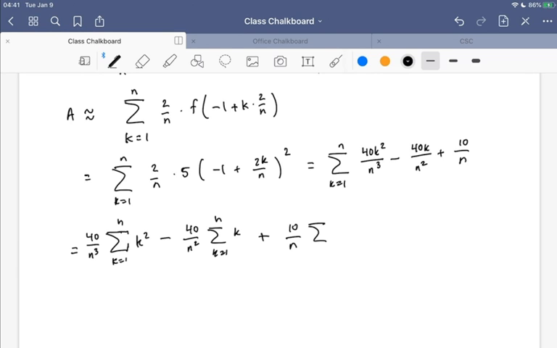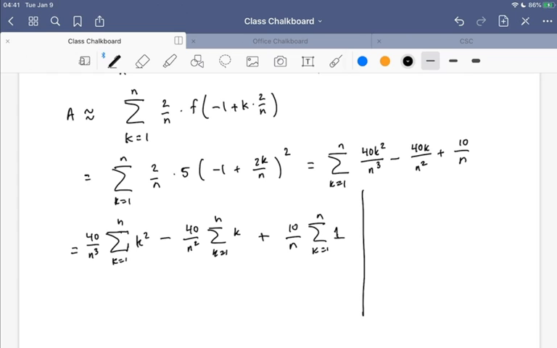So that just leaves this. Okay, so are we cool with me splitting it up that way? Is that Gucci? Because at this point now we can throw our summation rules at it.